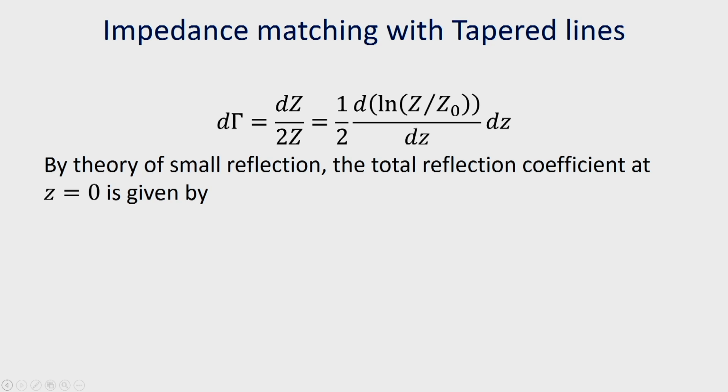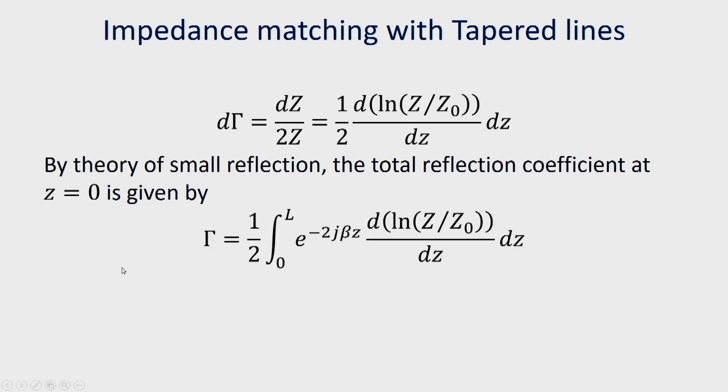The total reflection coefficient at Z equal to 0, that means at the input of the tapered line, is given by gamma is equal to half integration 0 to L e to the power minus 2 j beta Z. This is the phase shift, and d of log of capital Z by Z naught by d Z into d Z. Now, this gives the overall reflection coefficient at the input of the tapered line.